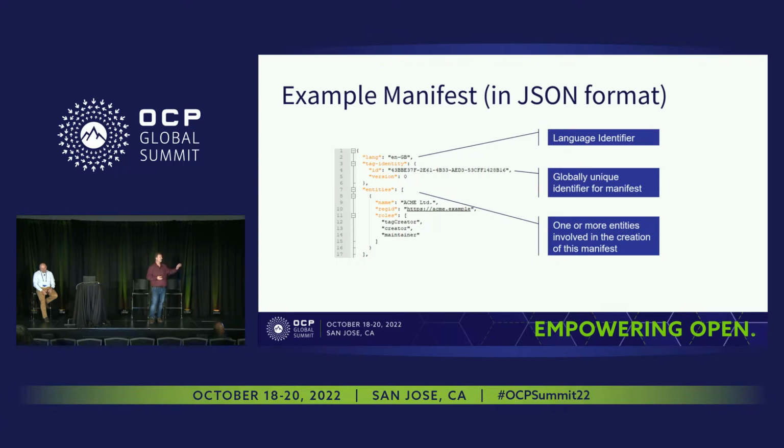The manifest has a bunch of different header information. So it has very helpful things like a globally unique identifier and references to the entities that created it. Since this is TCG, there was a lot of thought that went into the entities. You can actually have more than one endorsing entity. So there are ways to layer endorsements if that fits your model.